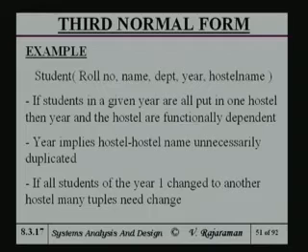If all students in the first year are changed to another hostel, many tuples need to change. Otherwise, suppose we decide that we built a new hostel, hostel D, where all incoming new students, maybe because enrollment went up, we put in that new hostel.